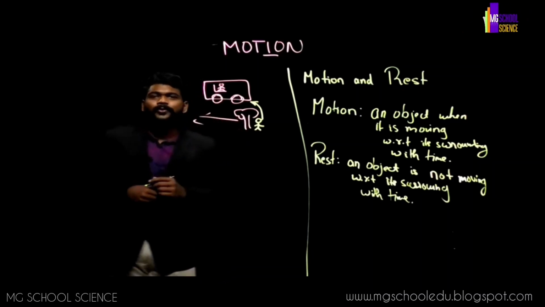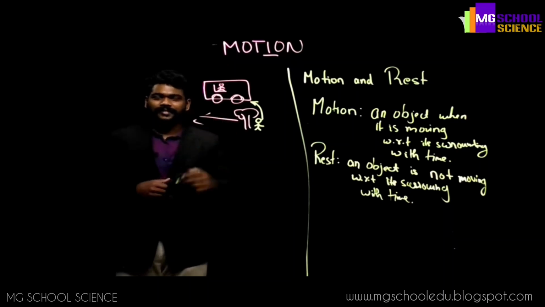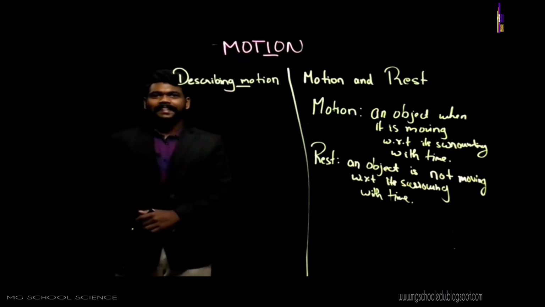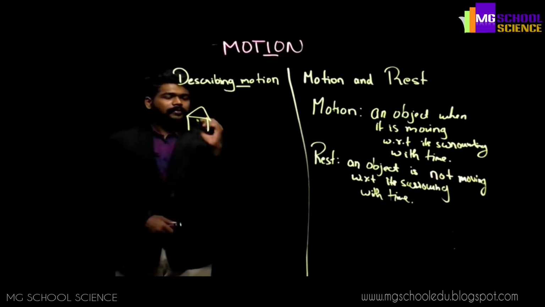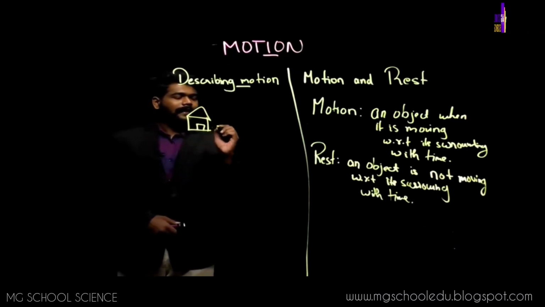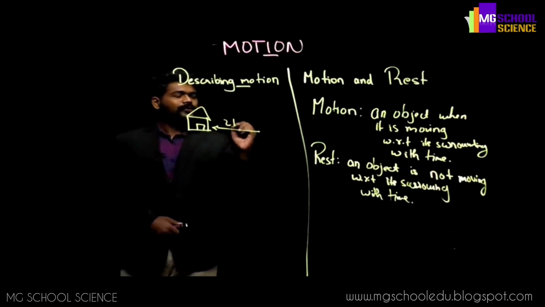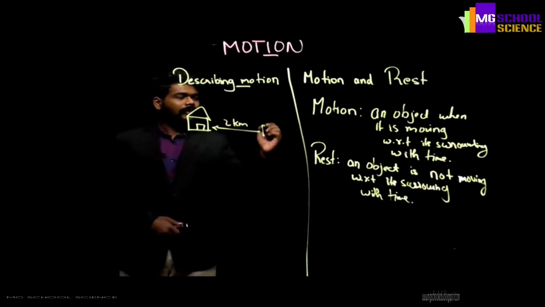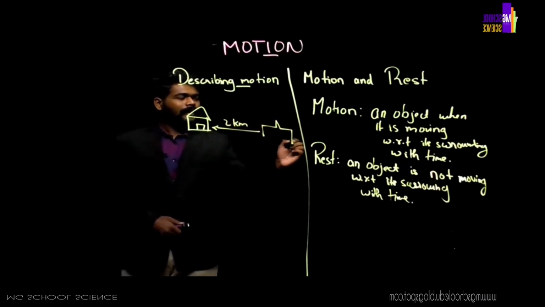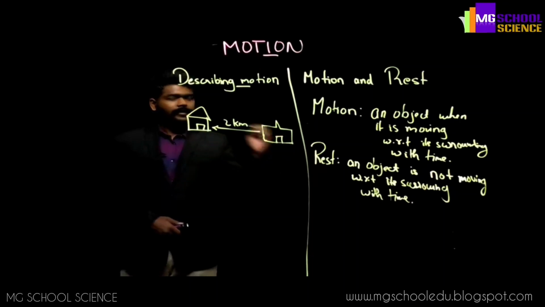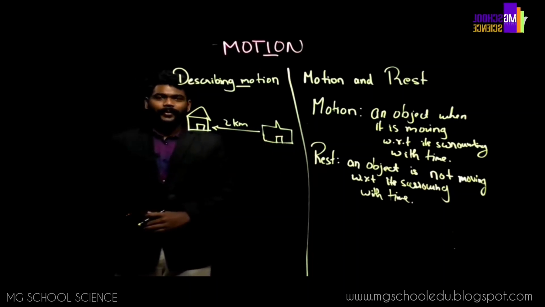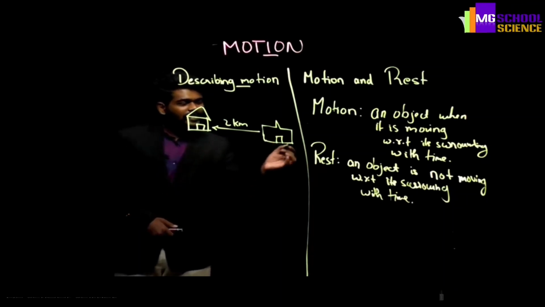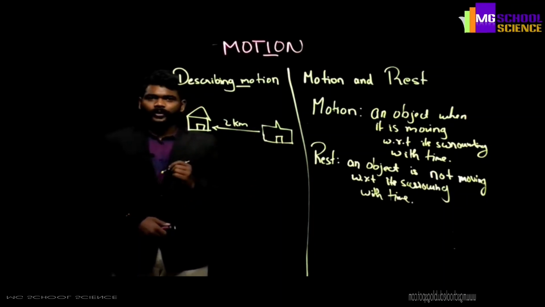Now, let's see how you describe a motion. To describe a motion, let us take an example. Say, this is my school, and it is 2 kilometers away from the railway station. Now, with respect to the railway station, it is 2 kilometers.